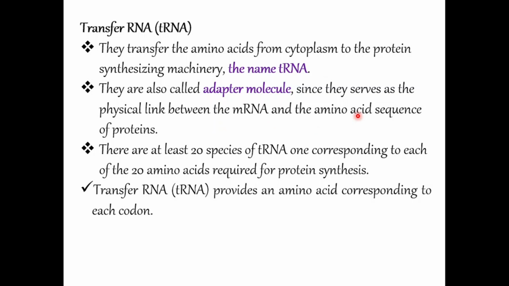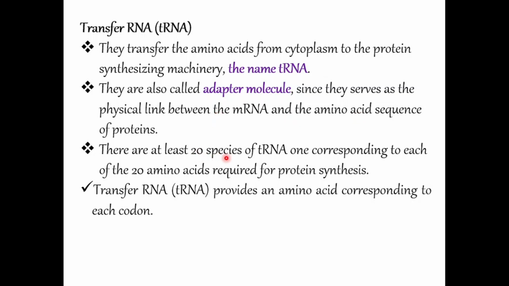It serves as a bridge. It carries the amino acid and moves to the protein synthesizing machinery where proteins can be synthesized with the help of transfer RNA and the ribosome. So it serves as a link.